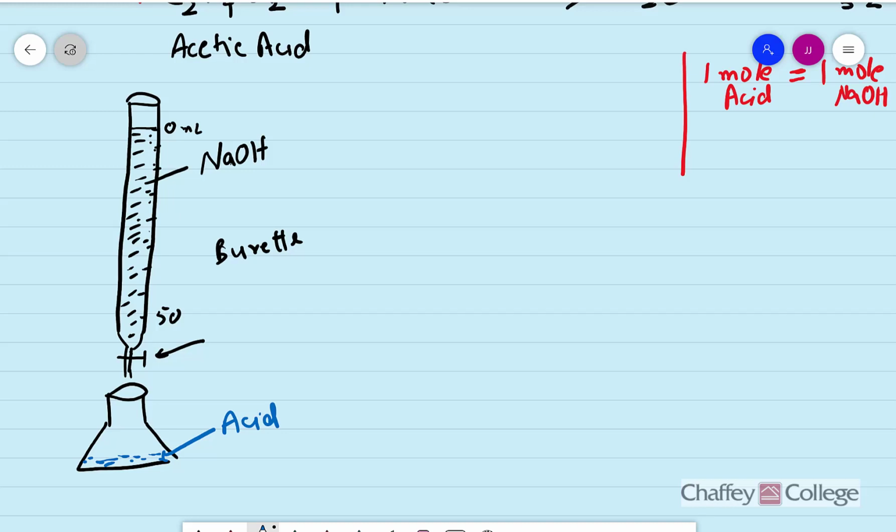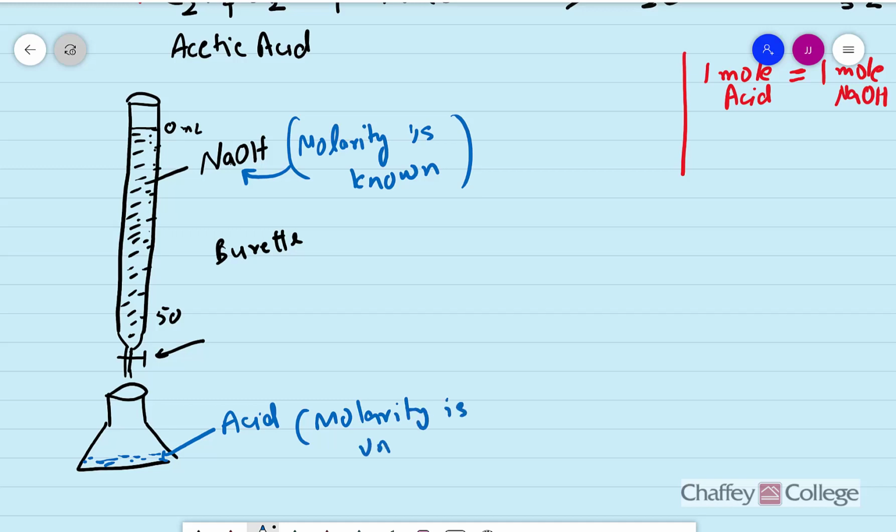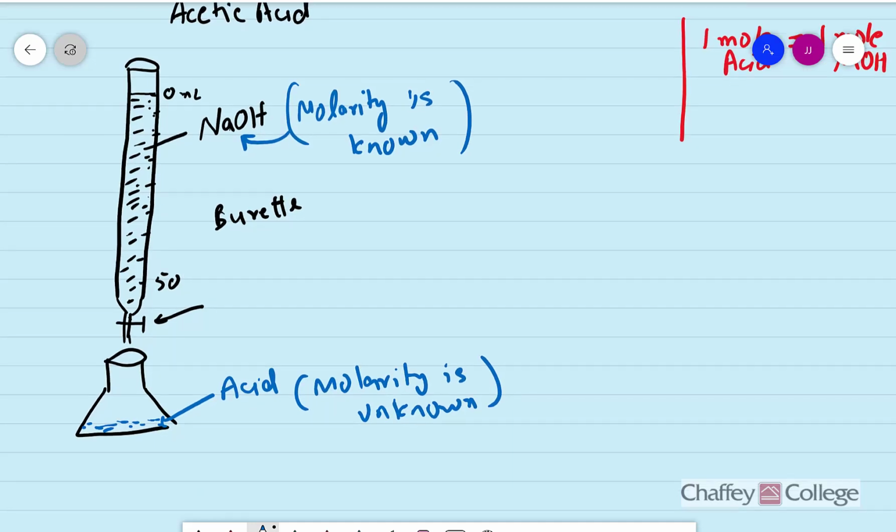Now for sodium hydroxide, the molarity is known, and for the acid, the molarity is unknown. So we will take some constant volume of acid. The volume of acid which we are going to take in today's experiment is 5 milliliters.